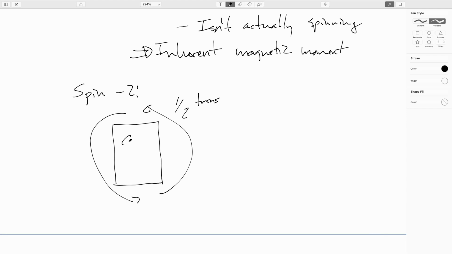So I'm imagining here that we were thinking about, say, a face card in a playing card deck or something like that. So, I don't know, maybe the Queen of Diamonds or something like that. If you take a card like that and you turn it through 1/2 turns, it looks like itself again.